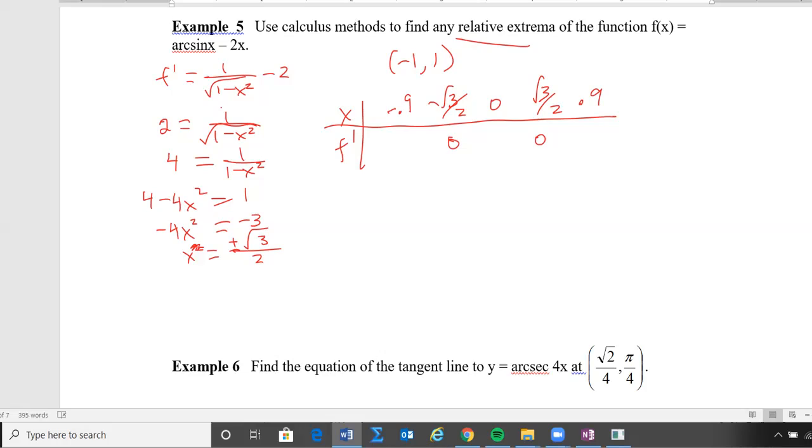Okay, when x is 0, here's f prime. If x is 0 in the middle, we'll have 1 minus 2, that's negative. When x is negative 0.9, you're going to square it, so this will be positive underneath here. We need to get a size of that number now. On the calculator, I got 0.29 on that and 0.29.